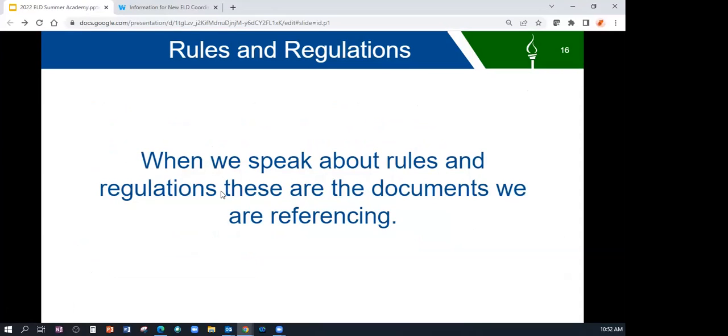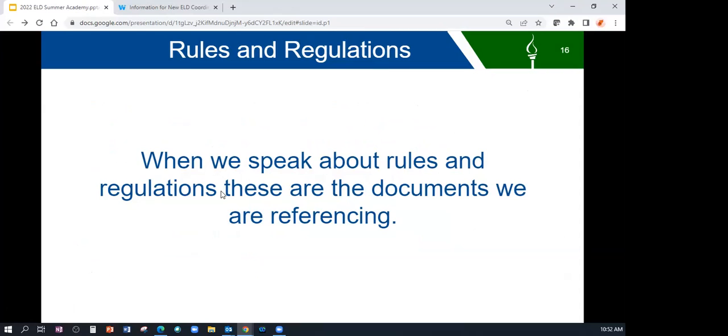So at the state level, when we talk about rules and regulations, they're based on these documents. If we make a rule or regulation at the state level, it has to go through the legislature and be approved. And so what we do as a state is we look to the federal guidance for all of our rules and regulations.